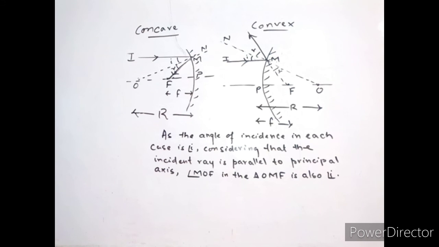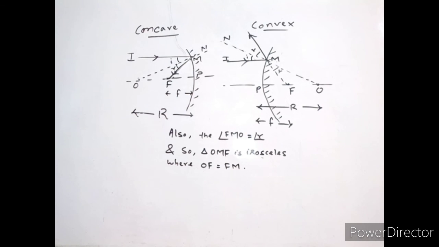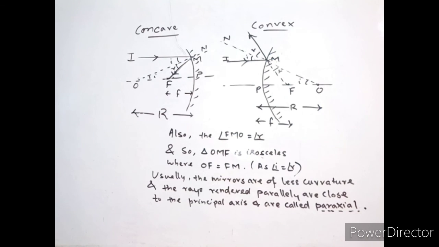As the angle of incidence in each case is i, considering that the incident ray is parallel to the principal axis, the angle MOF in the triangle OMF is also equal to the angle i. That is quite clear from the geometry of the figure if you observe closely. Also the angle FMO will be equal to the angle r, the angle of reflection. So triangle OMF is an isosceles triangle where OF is equal to FM, as i is equal to r.